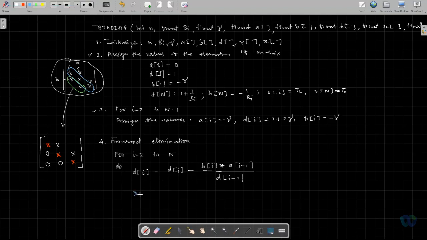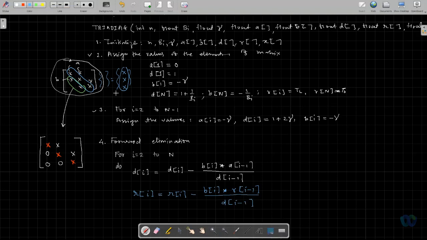And then you calculate the right hand variable. Similarly, in the right hand side you have some variables, and these also will get modified. So Ri will be equal to Ri minus bi into Ri minus 1 divided by Di minus 1.